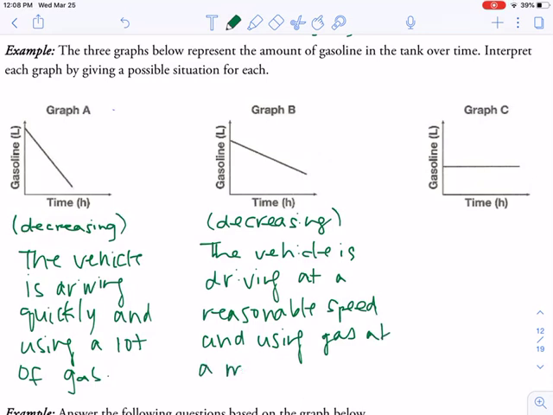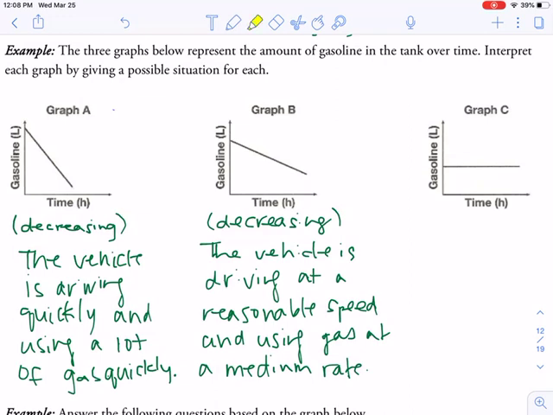And I guess for graph A, we should add that the gas is being used up quickly as well, to clarify that the level is going down very fast.